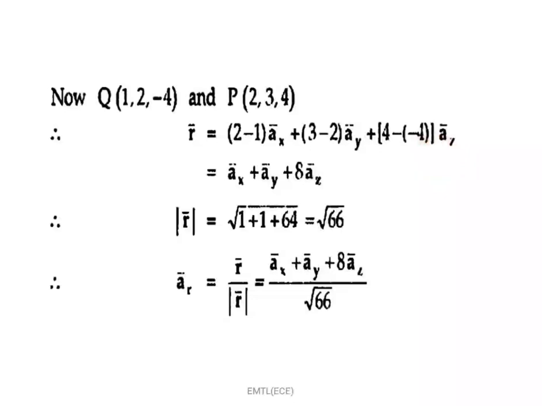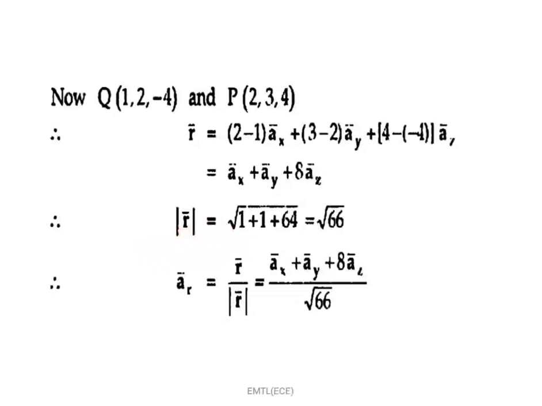So R bar is equal to P's x coordinate 2 minus Q's x coordinate 1 ax bar, 3 minus 2 ay bar, 4 minus of minus 4, that is 8 az bar. So R bar is 1 ax bar plus 1 ay bar plus 8 az bar.